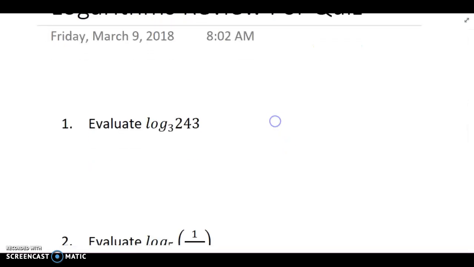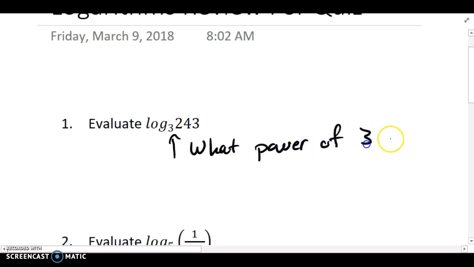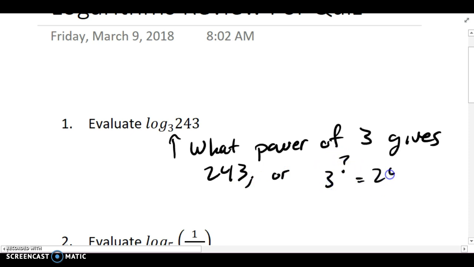So just to review what we're doing, this right here means what power of 3 gives 243? Or, if we want to write it out like this, 3 to the question mark equals 243. That's what they're asking here.